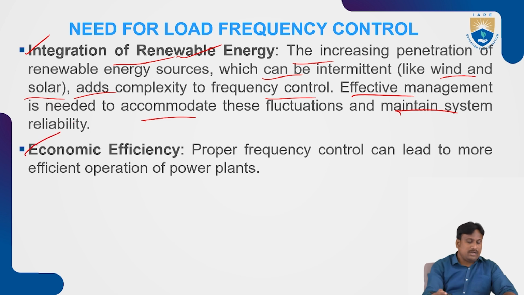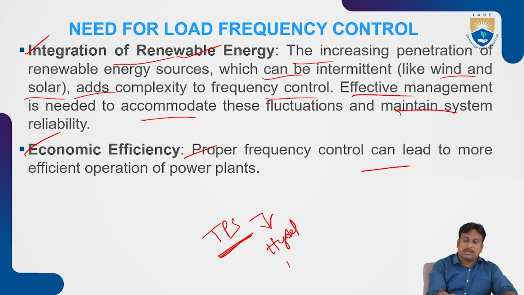And one more important parameter to consider is economic efficiency. What does economic efficiency mean? Maintaining proper frequency control can lead to more efficient operation of the power plants. Here we discussed thermal power system operations. Likewise, we may operate with diesel, nuclear, and DG cases.